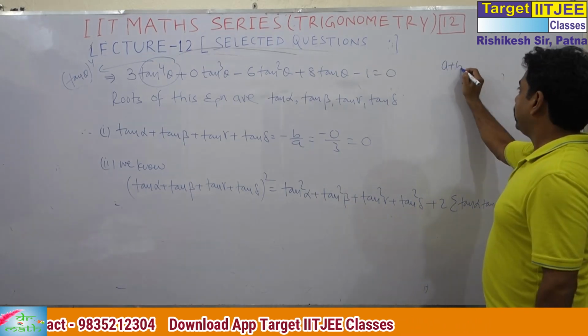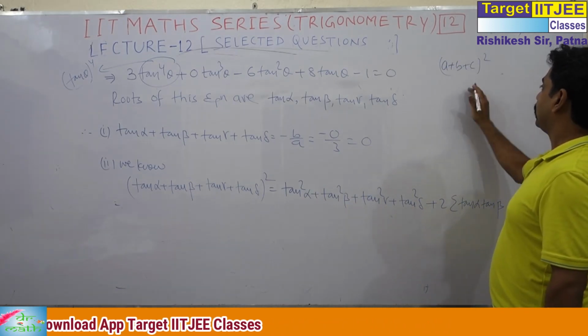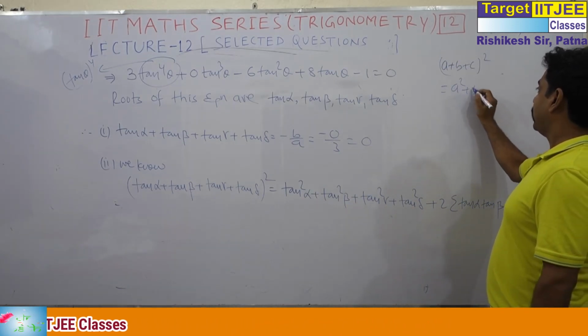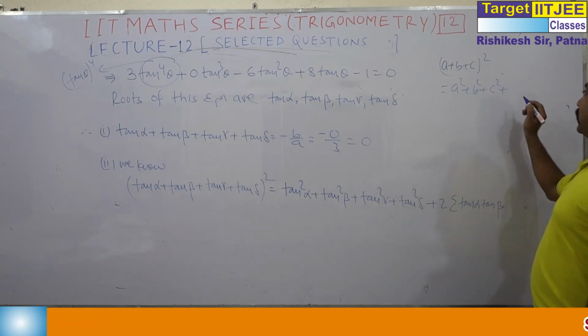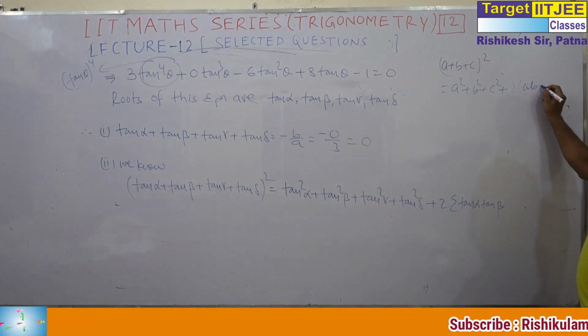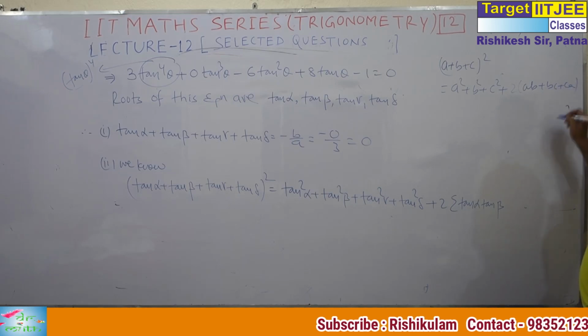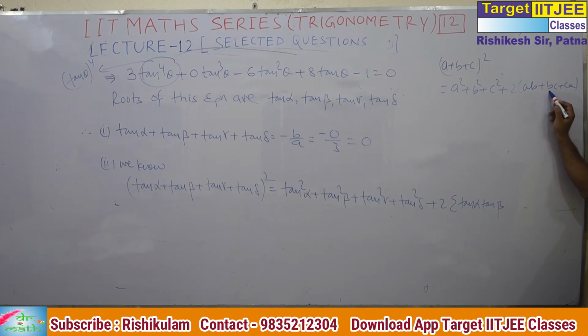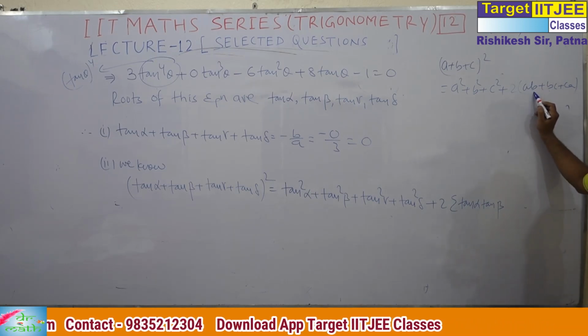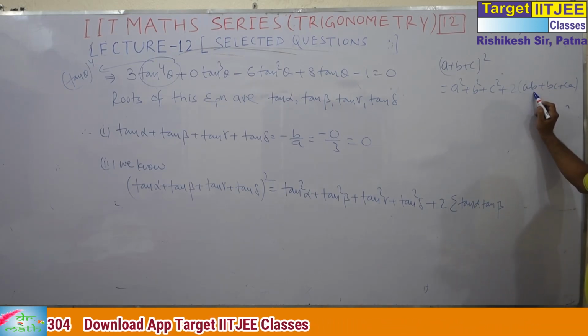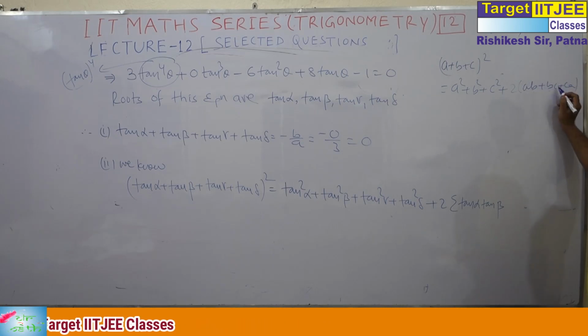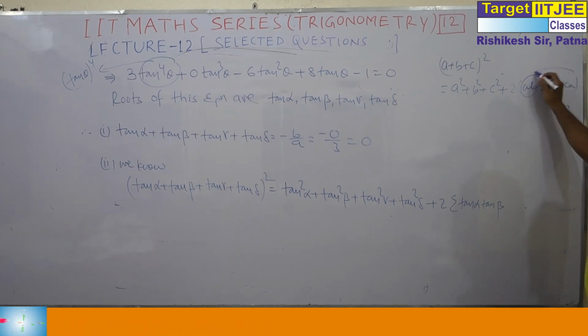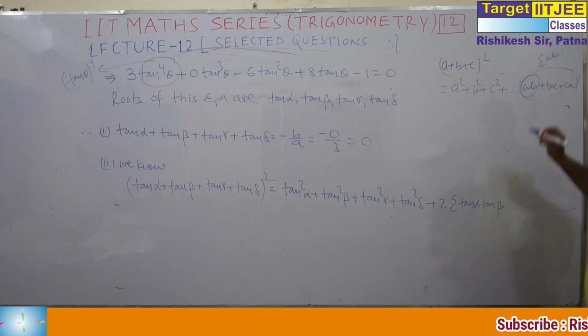Do you know a plus b plus c whole square? This is a square plus b square plus c square plus 2 times ab plus bc plus ca, the sum of products of a, b, c taken 2 at a time. So we can write this as sigma ab.